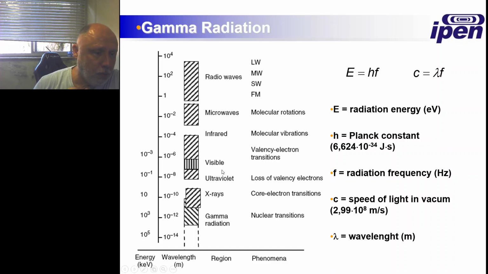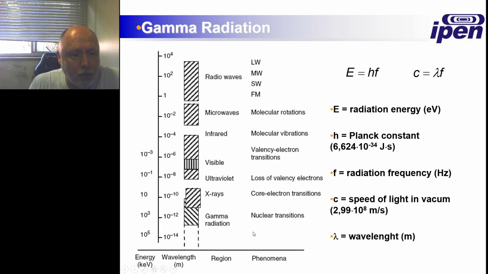Then you have the visible light, and you have the ultraviolet light, where valence electrons start to get kicked off the atom, thus leaving it ionized. Then we have X-rays. X-rays have to do with electron transitions, so they are emitted in electronic events.